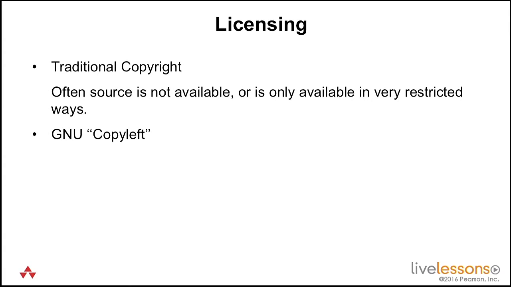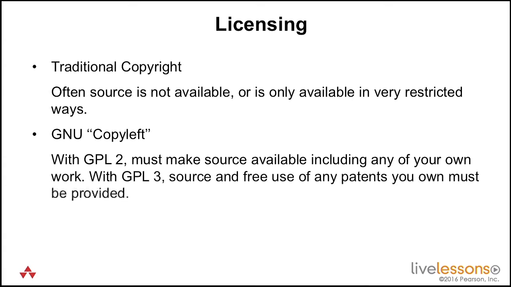So let's start with the GNU copyleft, which is the type of copyright that is used by Linux. There are actually two different versions of it. There is what's called the GNU Public License version 2, and this is what the Linux kernel itself uses. With anything that has the GPL2, you must make the source available, including any of your own work.